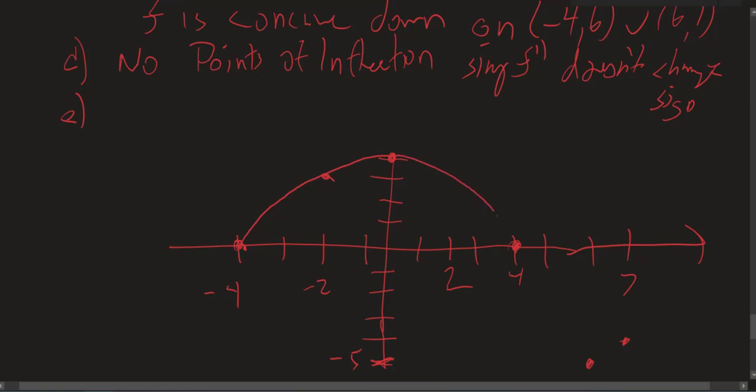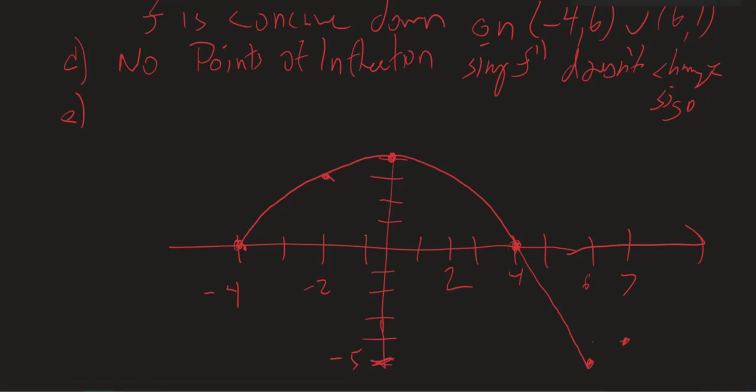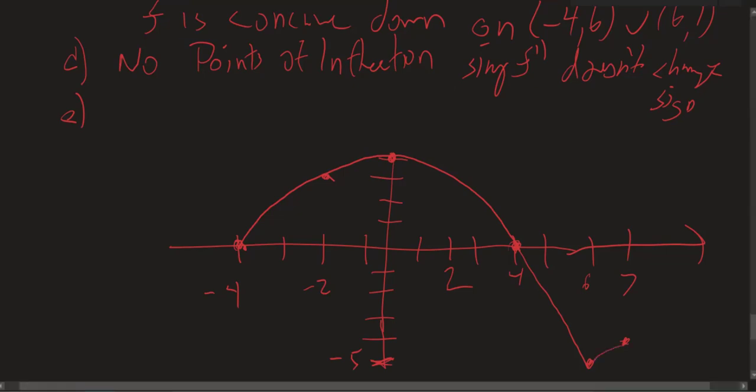So it decreases through the point at x equals 4. And then at x equals 6, the first and second derivative were undefined, so there's not going to be a tangent line or a point of inflection. And then the function changed back to increasing, but still concave down, so we want to draw that last little piece with a frown.